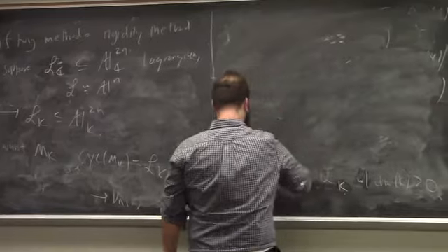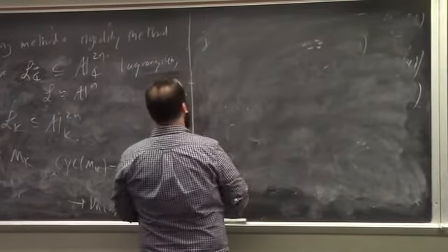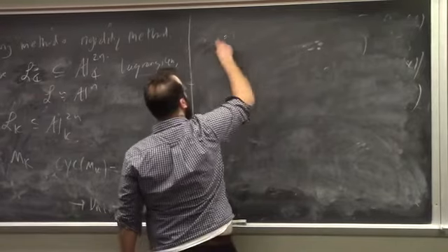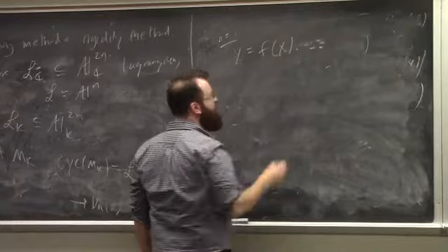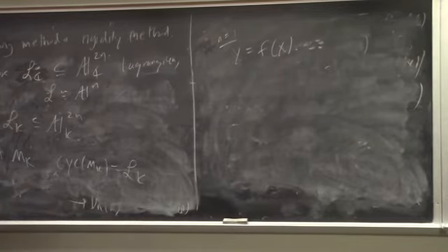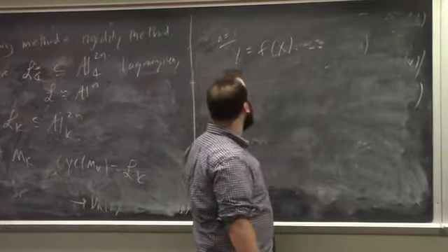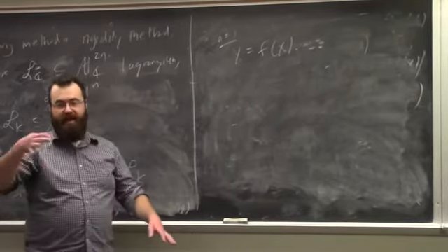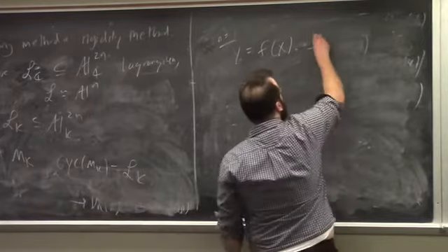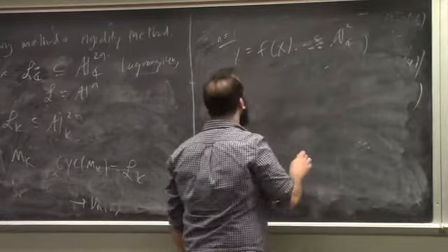Okay, so for instance, let's go back to the very first example of a graph of a function. Let's say I take n equals 1, and let's say I take this Lagrangian subvariety y equals f of x. So this is just the graph of some function, so it's certainly a Lagrangian subvariety of A2 isomorphic to A1, right? So this is inside A2, a copy of the line.